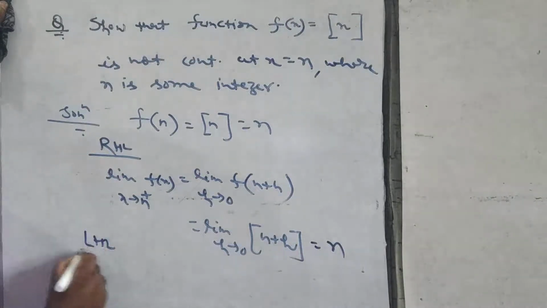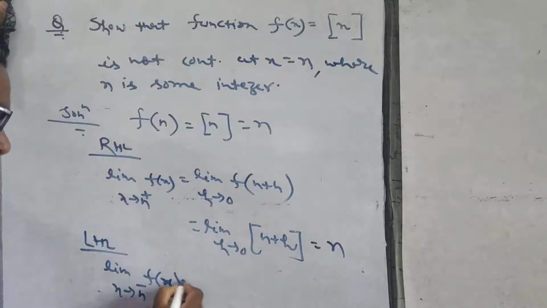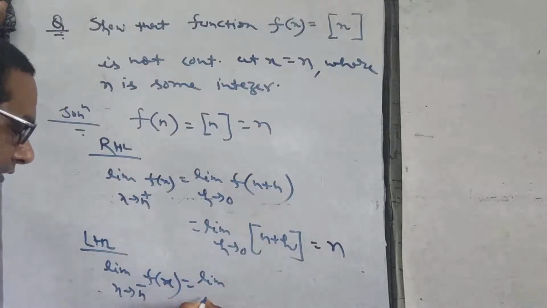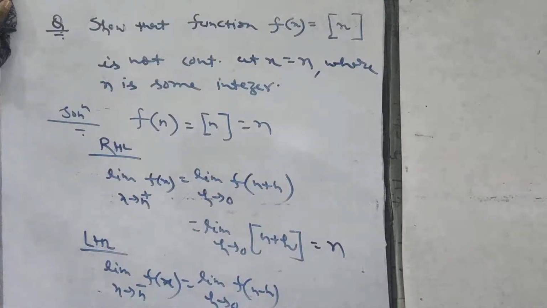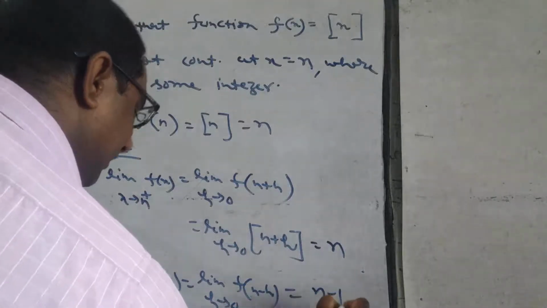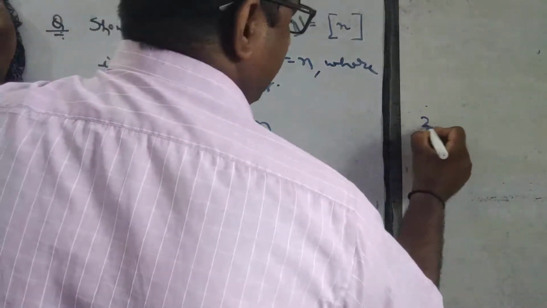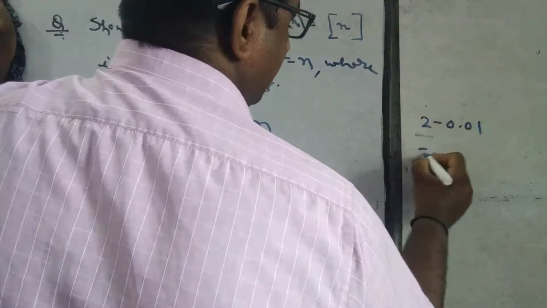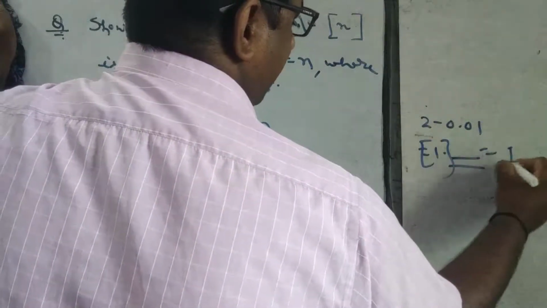Now left hand limit. Limit x tends to n minus f(x) is equal to limit h tends to 0 f(n minus h), and this is equal to n minus 1. Why? If you subtract something from 2, it is 1 point something, so its greatest integer function becomes 1.